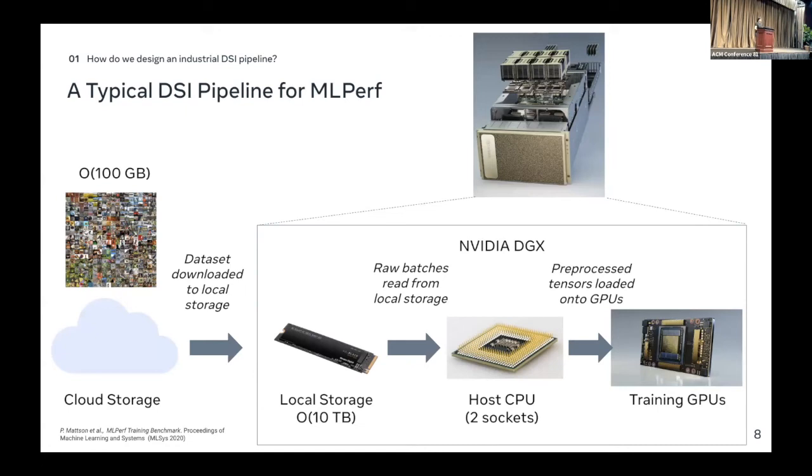We first start off by just downloading the data set to local storage, and then offline, we might run some pre-processing on this data set. Now we start the clock. During training, we use the host CPU to read batches over multiple epochs from local storage. You might do some more pre-processing like crops, and then load these pre-processed tensors into the GPU for training. We'll train until convergence.